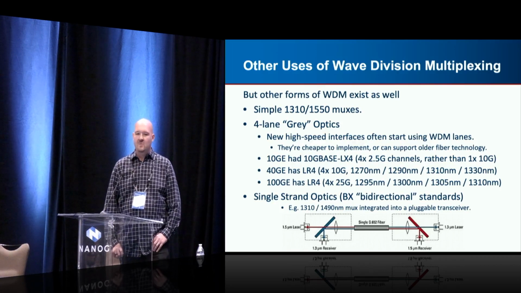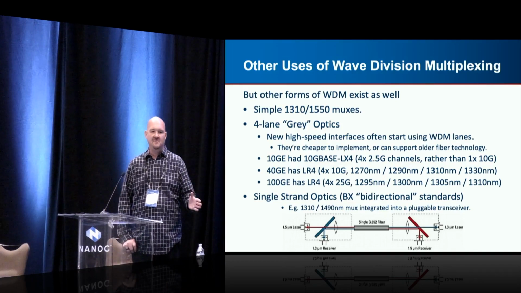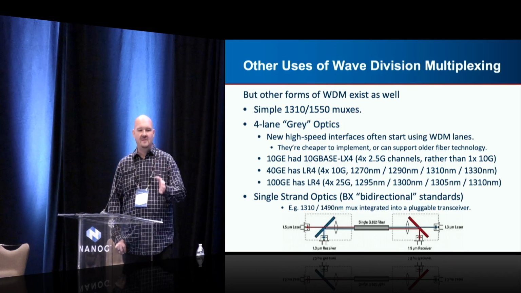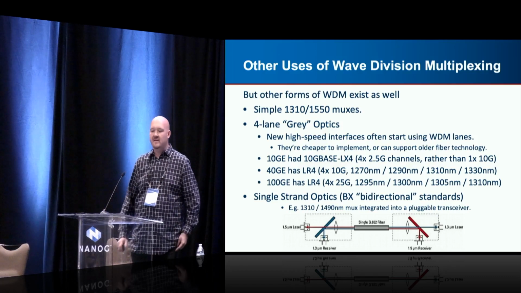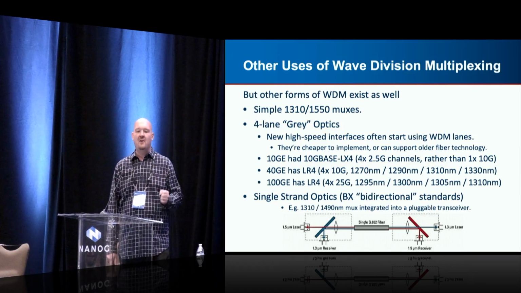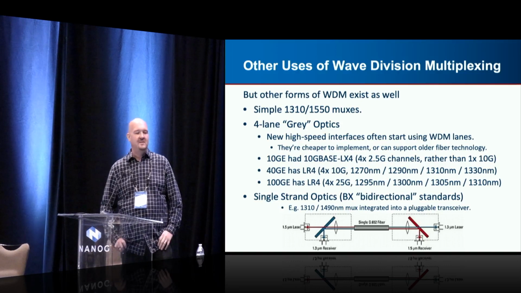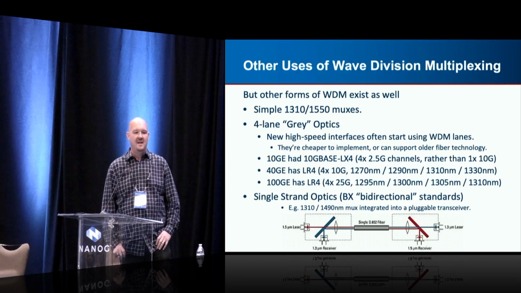So the way this works is as we move through new technology, as we move from 10 to 40 to 100 to now 400, whenever we create a new technology, it's actually very hard to do a single serial channel. So when 10 gig first came out, it was incredibly difficult to do a native 10 gig signal.